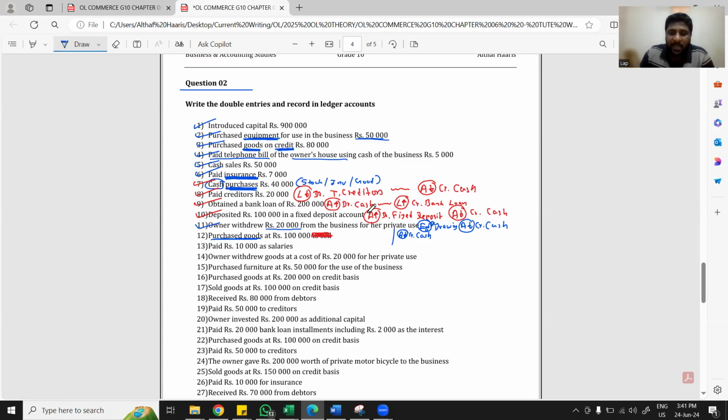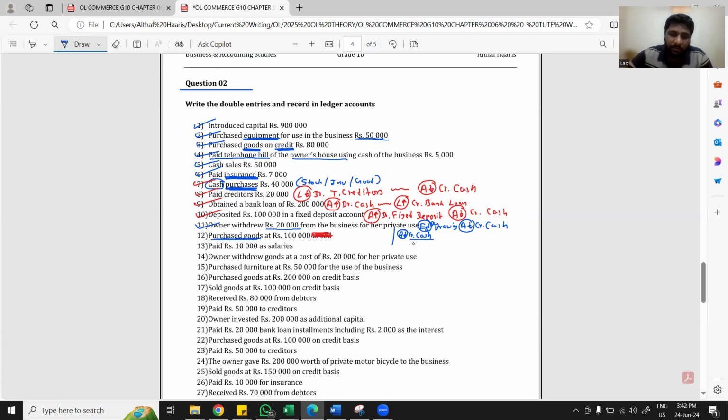So one entry is done. Cash credit is done. Cash is decreasing, so asset decreases, credit. Any purchases, you have to write in the purchase account.